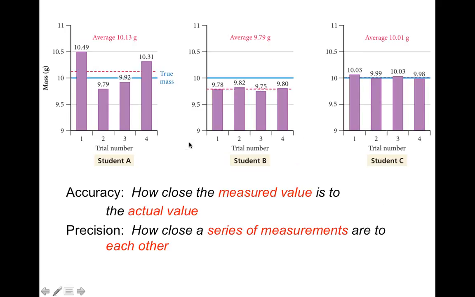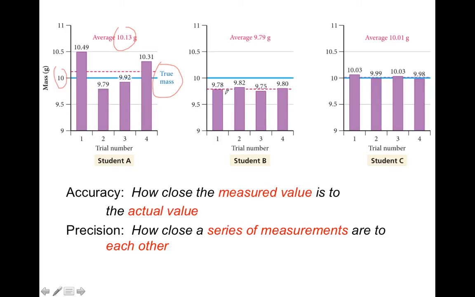Okay, now let's go on to a better example, or rather a more elaborate representation of those numbers. Suppose we knew the true mass, and you'd have to be told this by looking in a book somewhere. Suppose you know that the true mass was 10. If you knew the true mass was 10, you would go, wow, these numbers are wildly divergent, right? So they're not only not very precise, but their average comes to 10.13, and if the true number is 10, you go, wow, that's not very accurate either.